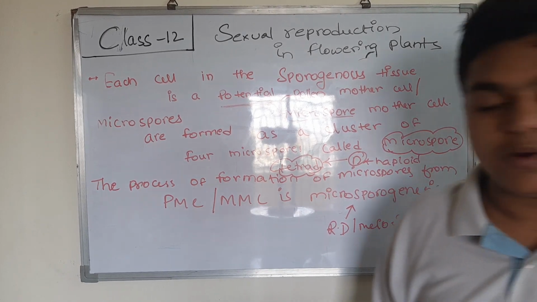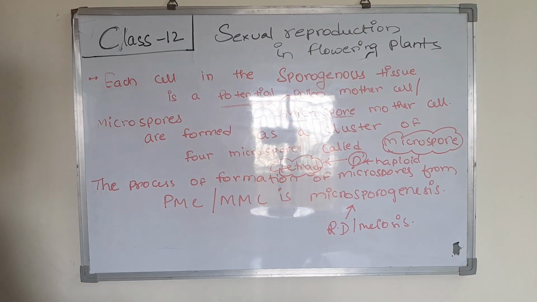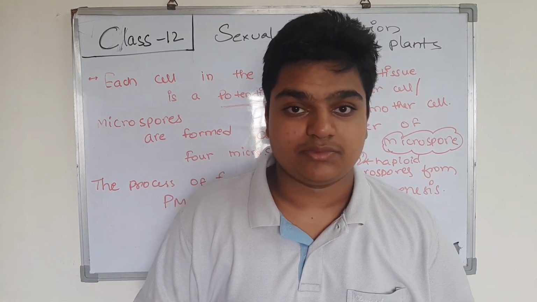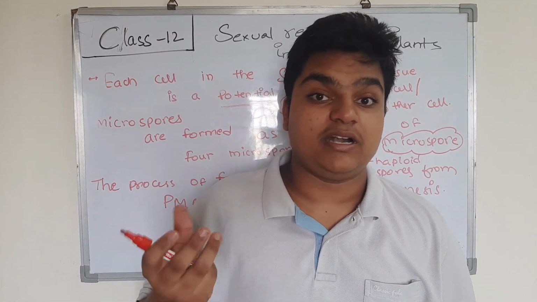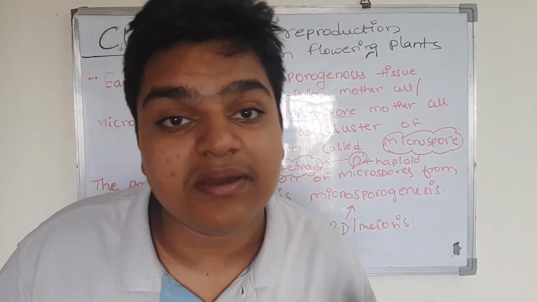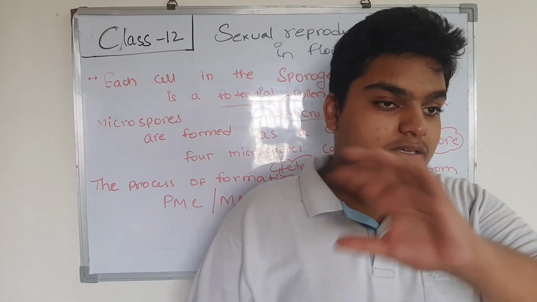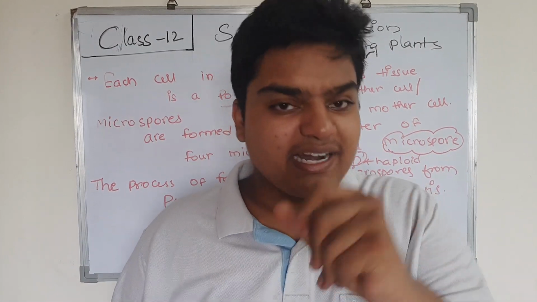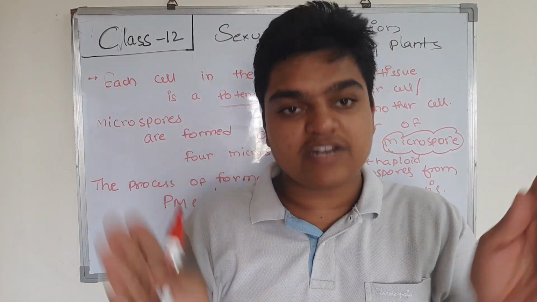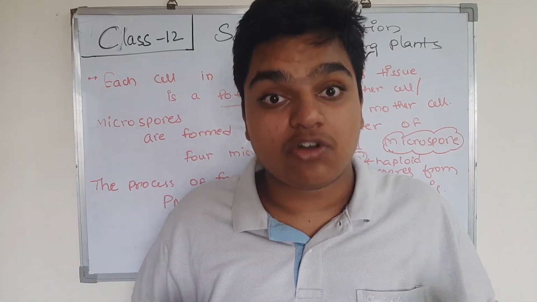Before, we discussed that tapetum cells are generally multinucleate. But here NCERT also asks you how they can be binucleate. Generally in cell division, once karyokinesis, the nuclear division, occurs, the cell has to divide, which is called cytokinesis.